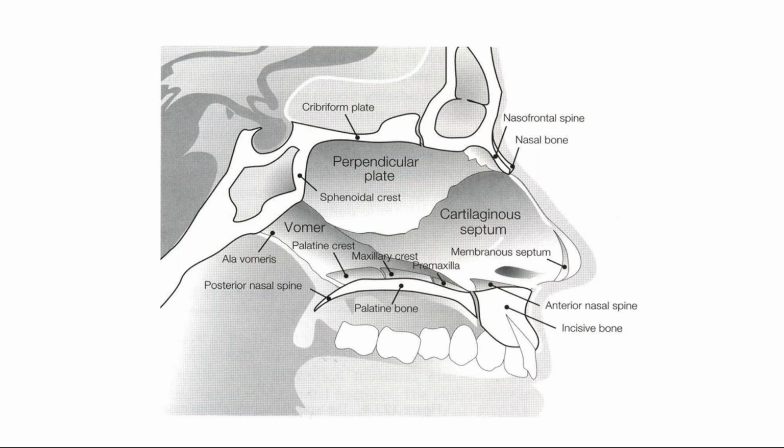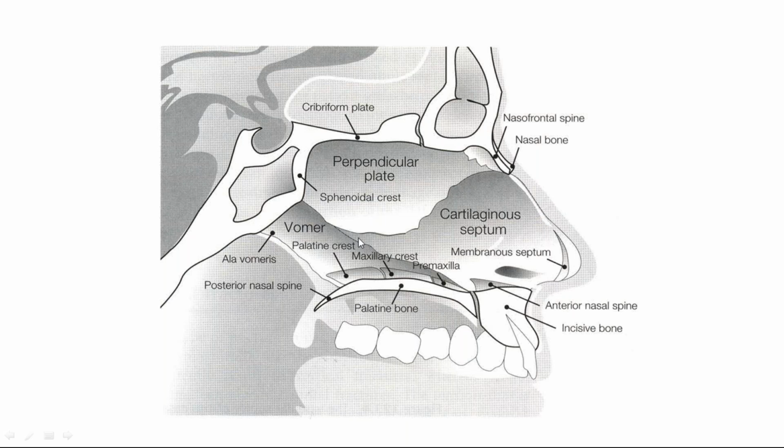The cartilage is known as the quadrilateral cartilage, and you can see it coming and sitting over the bone here, and then going posteriorly, you can see the junction between the bone and the cartilage. This is the perpendicular plate of the ethmoid, and this is the vomer bone.